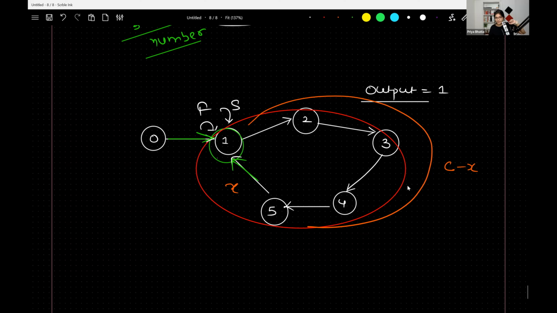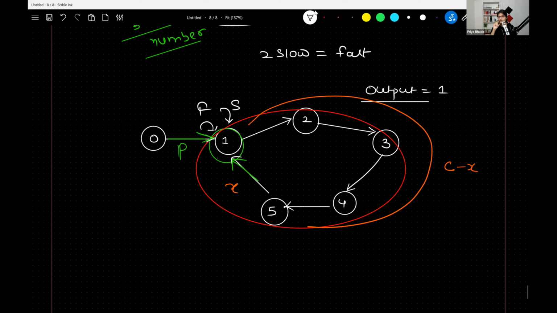Here, the difference between these two values, from 0 to 1, is, let's say, P. Now, if you observe, my slow pointer moves 1 step at a time and the fast pointer moves 2 steps at a time, so 2 times slow is equal to fast; this equation will hold true.